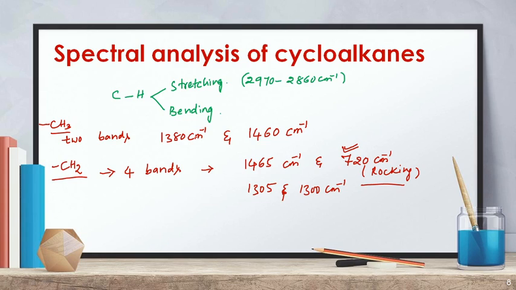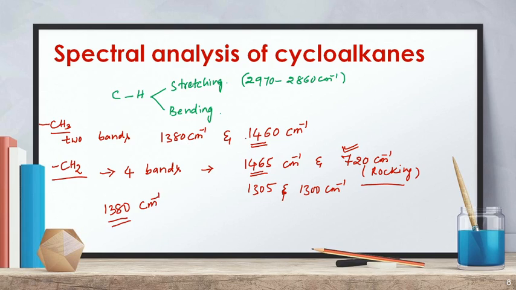So here you have a 1460 band for the methyl group, and here also you have a 1460 band for the methylene unit. Then how can you distinguish a methylene group from a methyl group? That is due to the presence of the band at 1380.